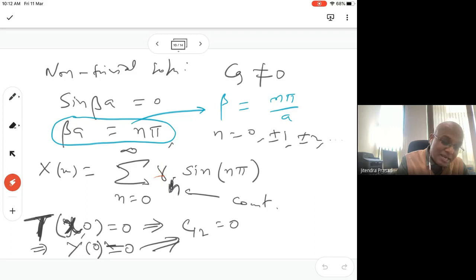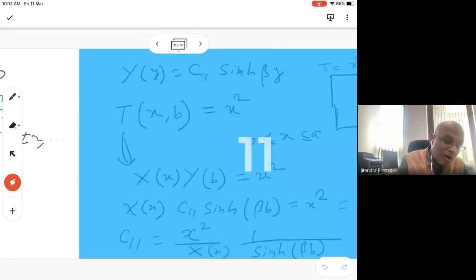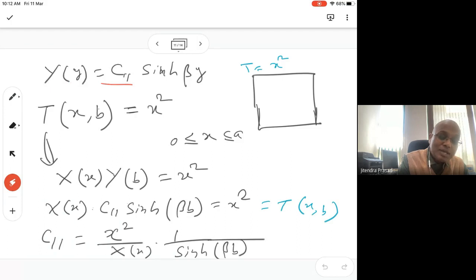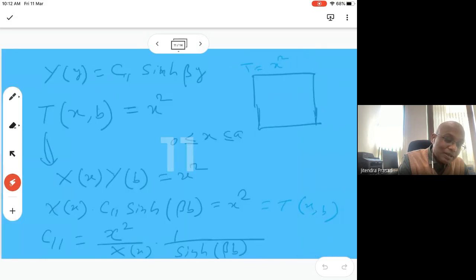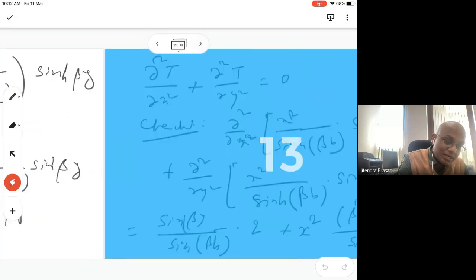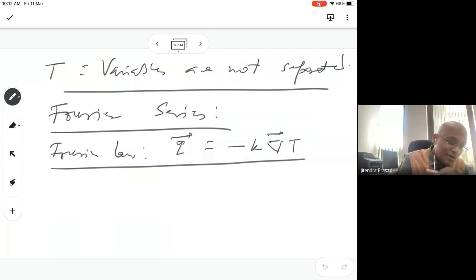Instead of gamma, we write an sine n pi over a, one solution for various n's, and the corresponding y is also given with some coefficient, let's say bn sine h, and here instead of b we write n pi over a. So that will be consistent, and then we propose a solution like this.